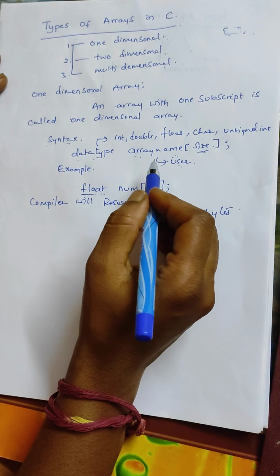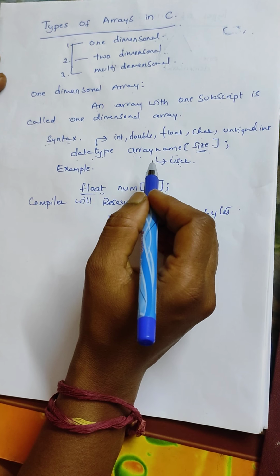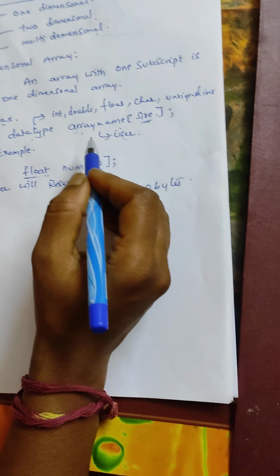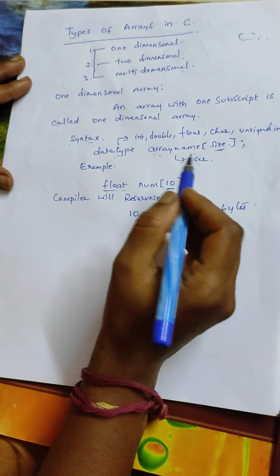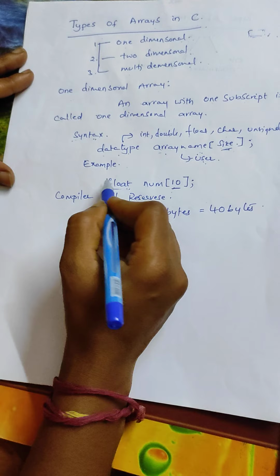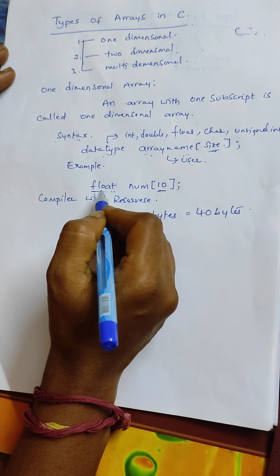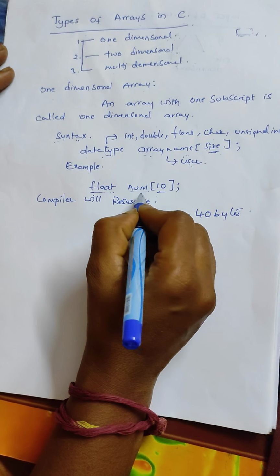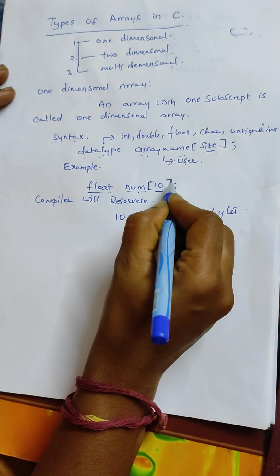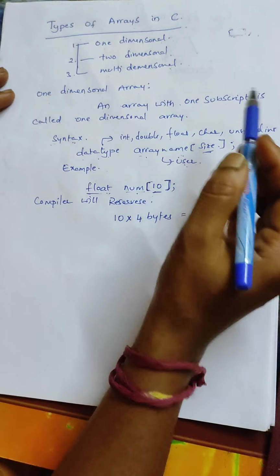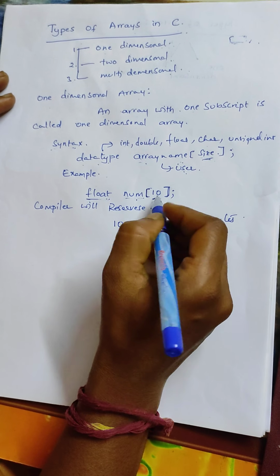Suppose you want to store 10 integer values, you can use the data type as integer. Example, suppose I want to declare a floating point array, so I can use my data type as float and my array name is num here. I am using one subscript because I am discussing a one dimensional array, and here my size of the array is 10.